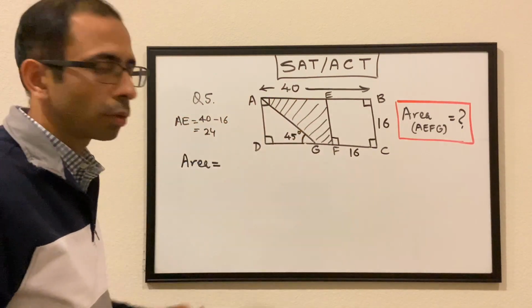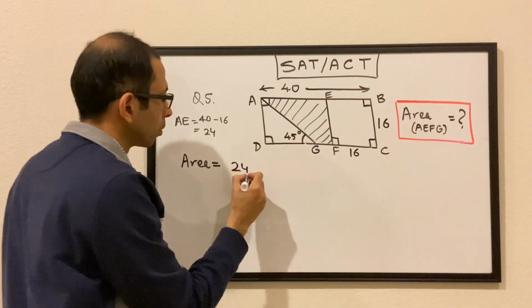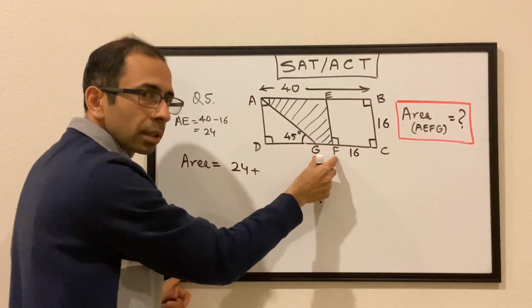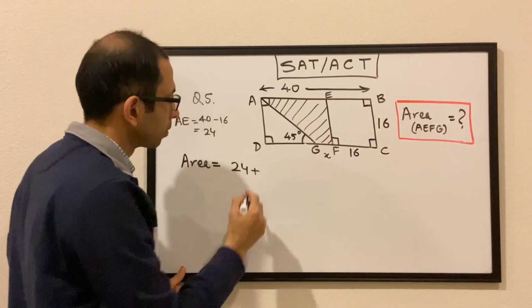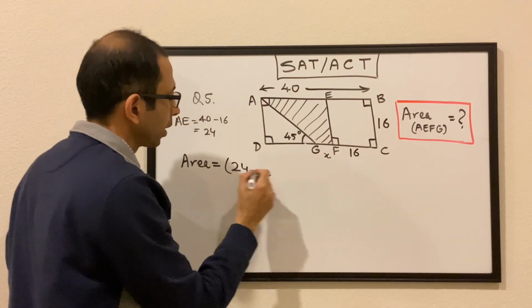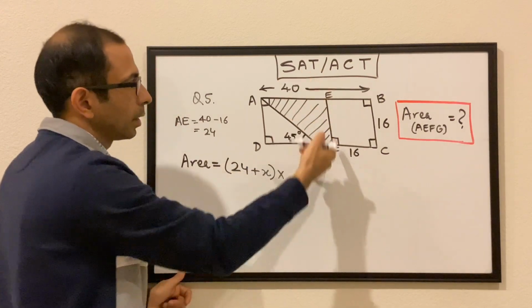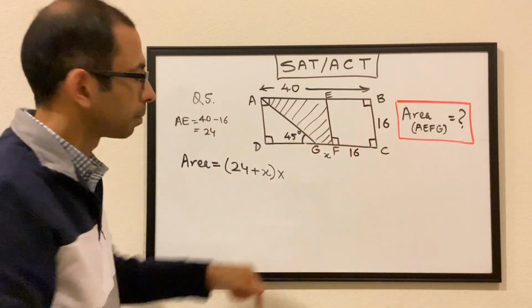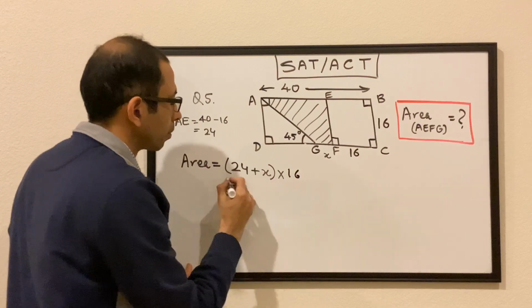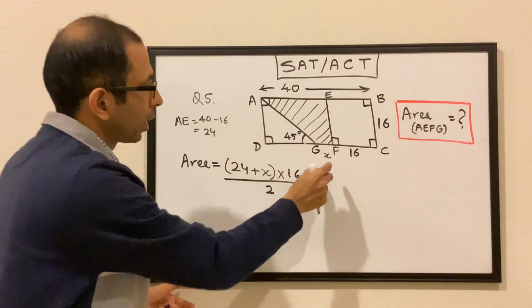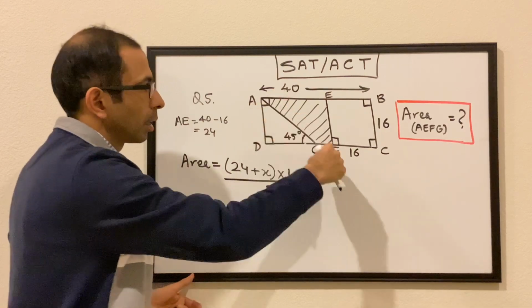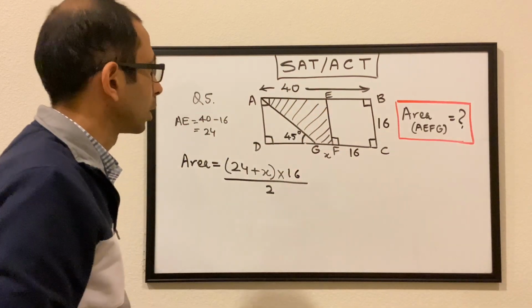So AE is 24 plus the other base. Let's say this is X, times the height, which is 16, divided by 2. So all we've got to do is somehow find the value of X, and then we can find the area of this shaded portion.